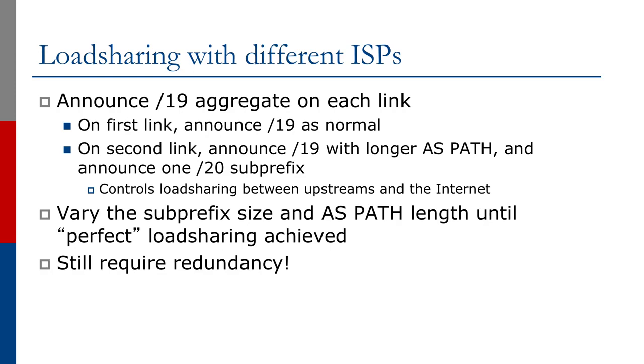If we have a lot of traffic for the first half of the address space and not very much for the second, we can modify the length of the AS path prepend to push more traffic towards the AS110 link, or push more traffic towards the AS120 link. So we have now two ways of tuning the load balancing in this example.